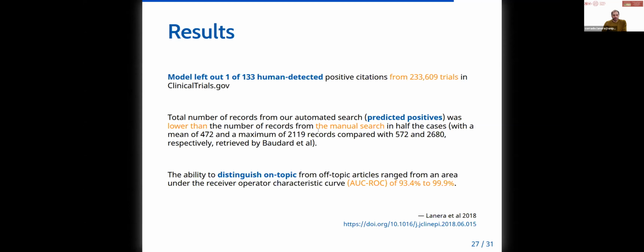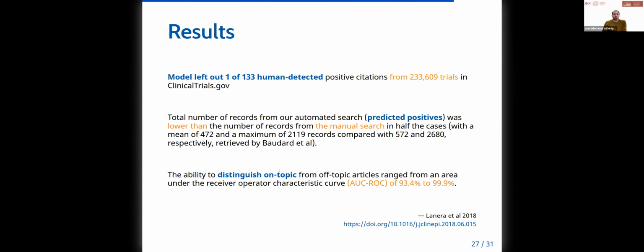So the screening stage, because the number of records that we retrieve from clinicaltrials.gov as possibly of interest is, in half of the cases, less than the number of records that Bodar et al. retrieved manually for the screening phase.